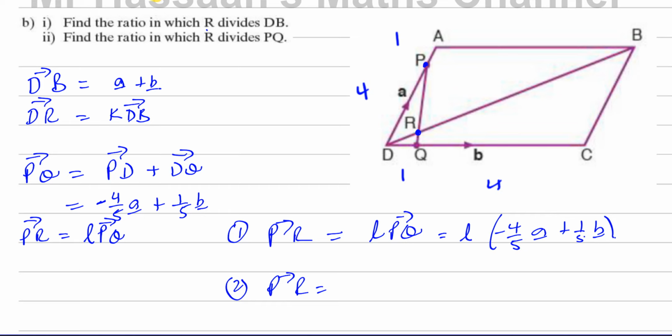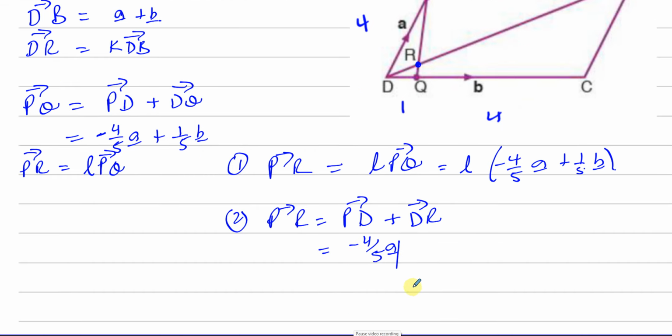I can say P to R is P to D plus D to R. So that's another way we could get there. Now, P to D is going to be minus 4/5 A. That's P to D.